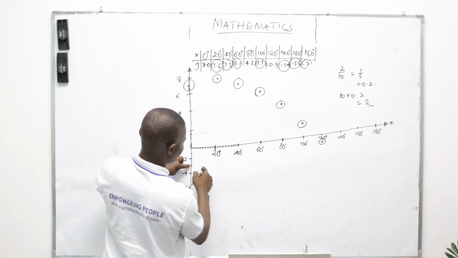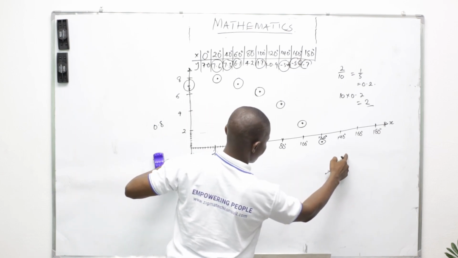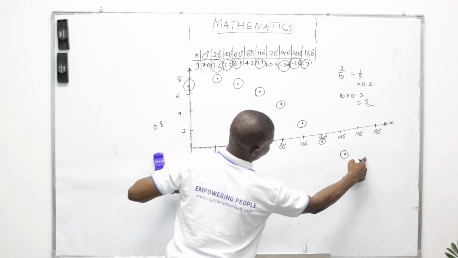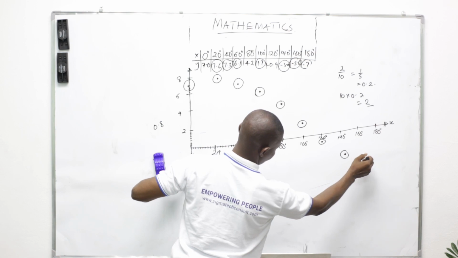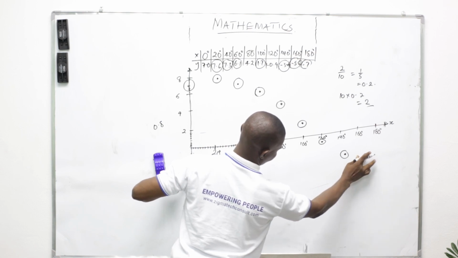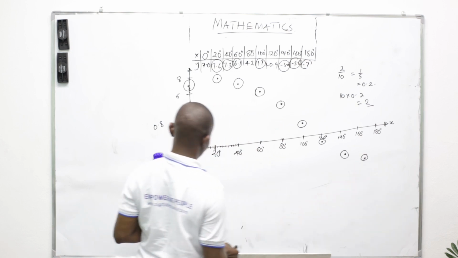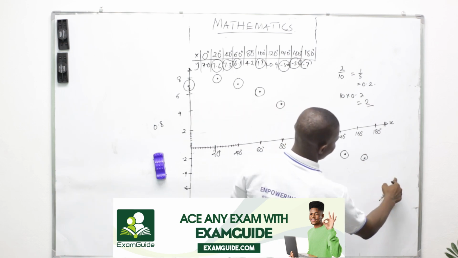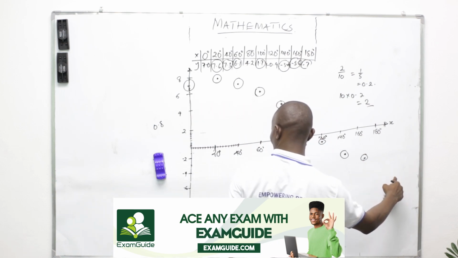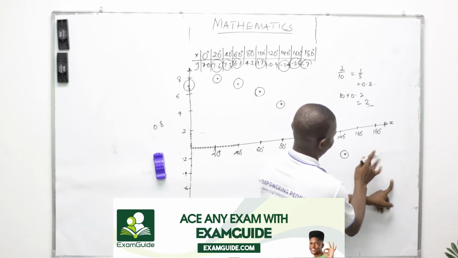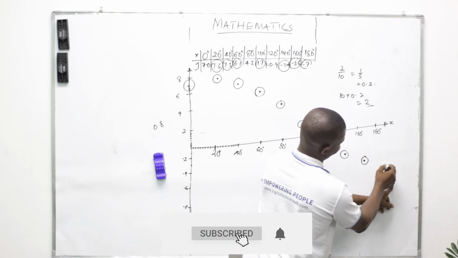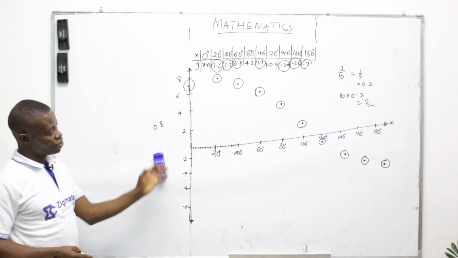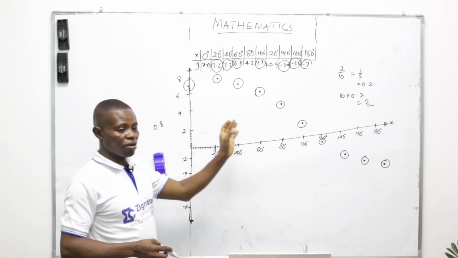So this 3.4 will be somewhere here, minus 3.4. The next is minus 5.6 for 160 degree, somewhere here. Okay. You circle it. Then the last one is minus 7. See minus 7 here. Minus 7 for 180. Circle it.